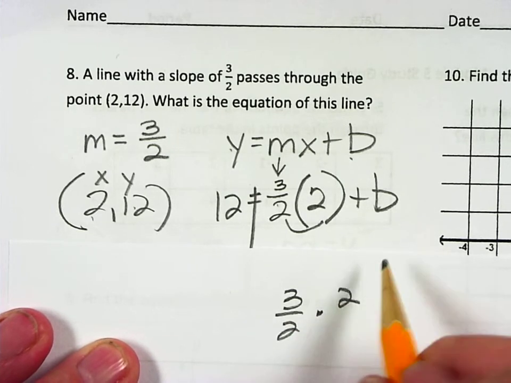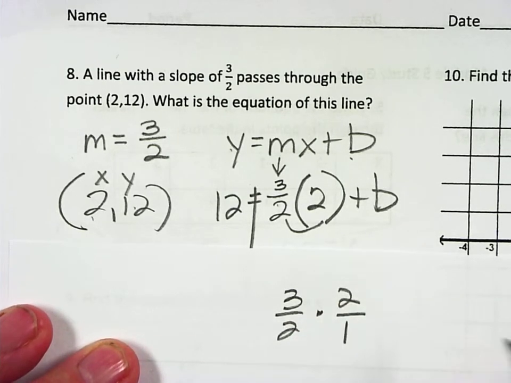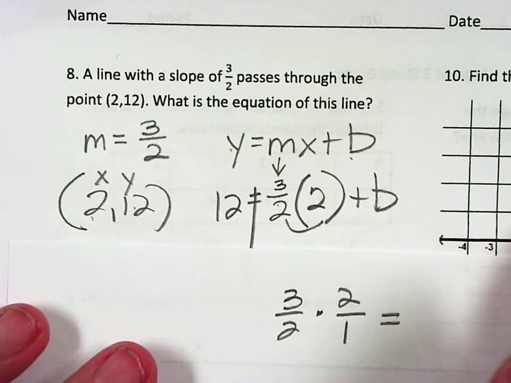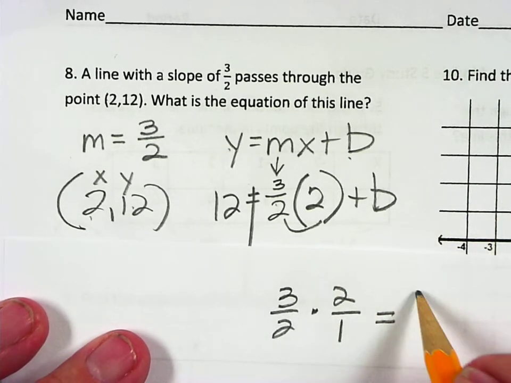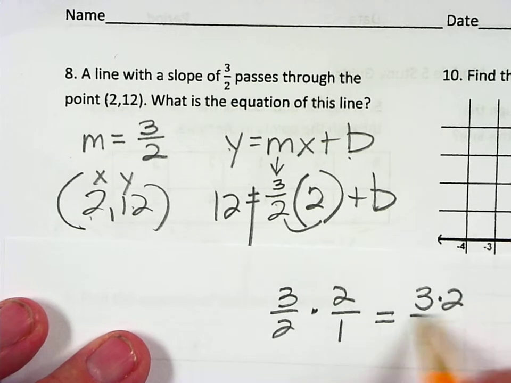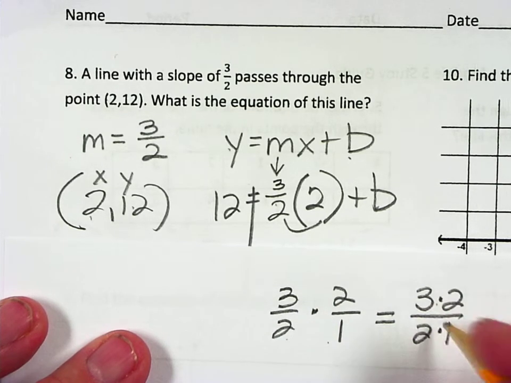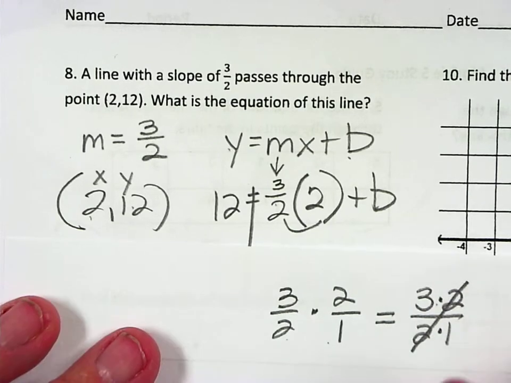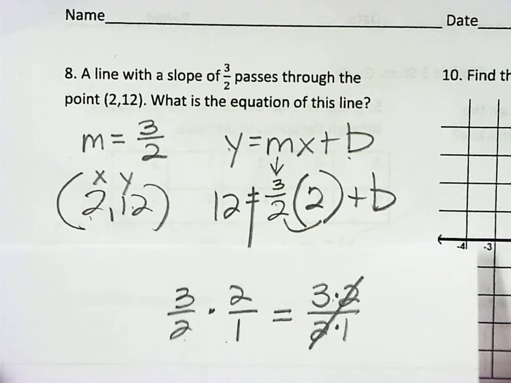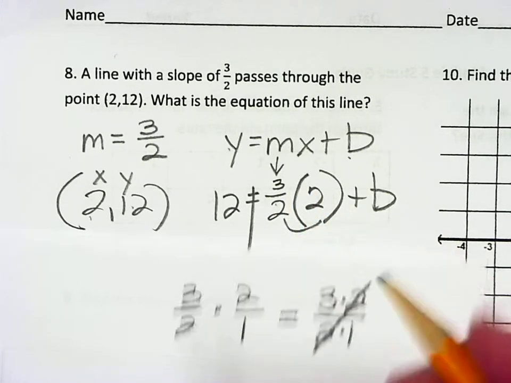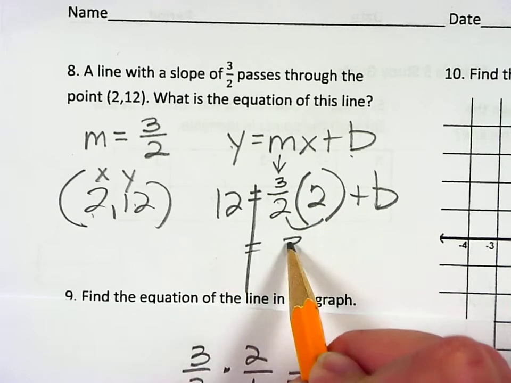I can turn 2 into a fraction like this. 2 is 2 over 1. And when you multiply fractions, you multiply straight across. 3 times 2 and 2 times 1, and then you simplify by canceling out common factors. So all of this simplifies to 3 over 1, which is just 3.